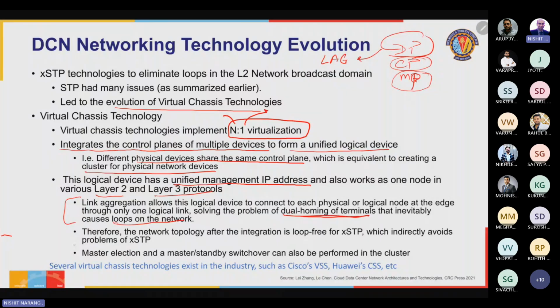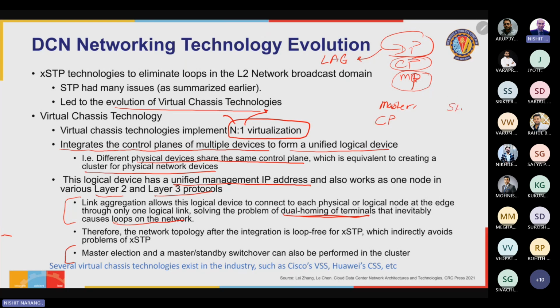What we also need to do in the control plane is to build in a new protocol, because there are two aggregation switches you merged. Right? We want a unified control plane. So the way that it is done, one of the switches becomes the master switch. And the master switch runs the control plane function for the entire aggregated virtual chassis.